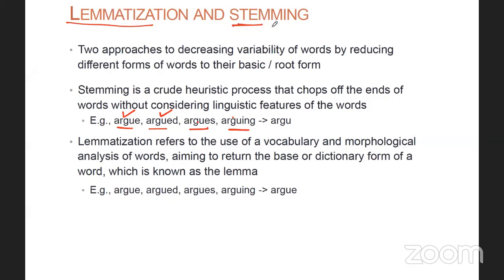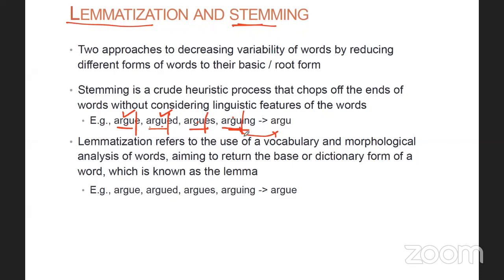In the stemming method, what we do is, this stemming method is basically a crude method, in the sense that it checks for the common characters. In all of these words, only those common characters would be retained, and other letters would be chopped off. If you see ARGU, ARGU, ARGU, only this ARGU is repeating, so only that will be taken and the other things just removed.